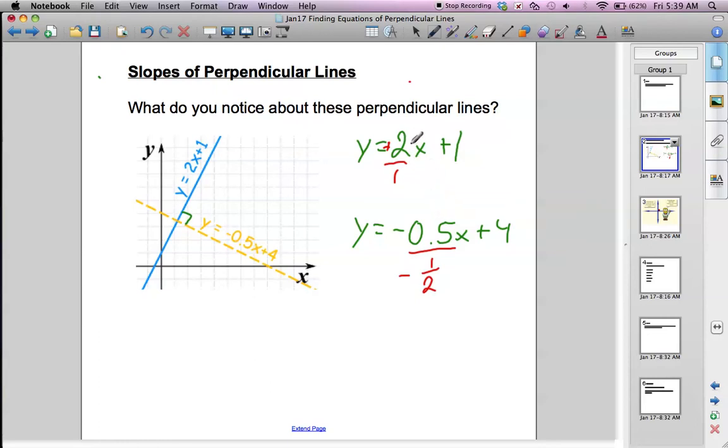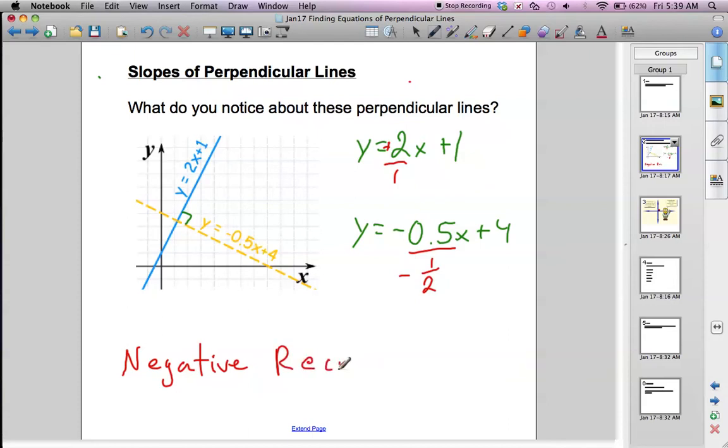Okay, so the slope of one line is 2 out of 1, the slope of the other line is negative 1 out of 2. Okay, so they're reciprocals, but one is negative and one is positive. So we say that they are negative reciprocals.